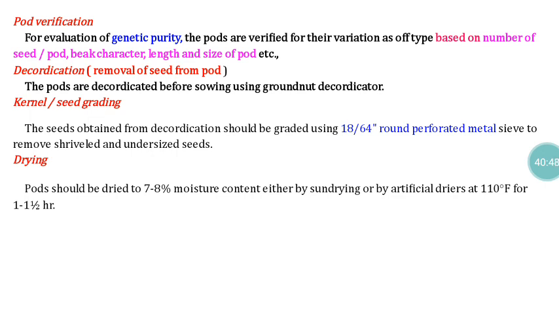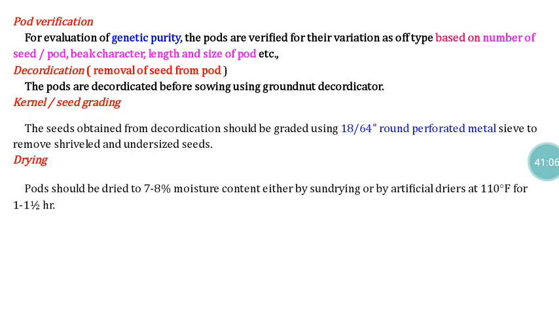Once the kernel is removed from the pod, you can go for grading also. For grading purposes, normally we can use 18 by 64 inch round perforated metal sieves. Here, as these are oil seeds, we have to maintain low moisture content.